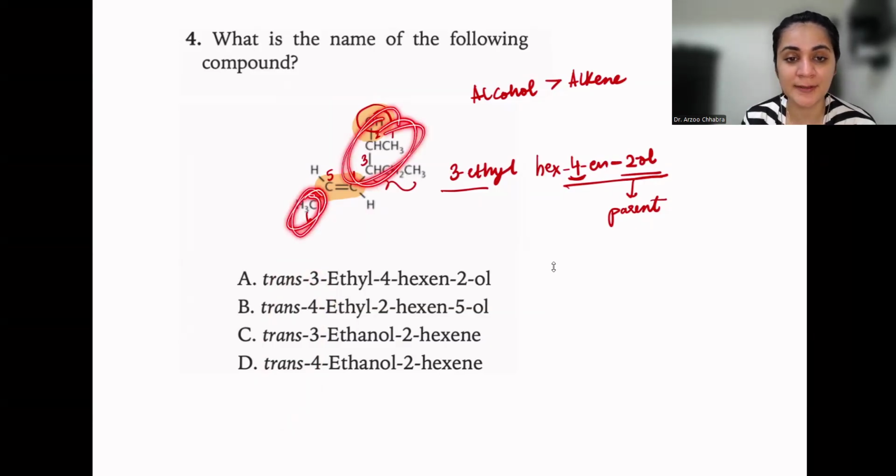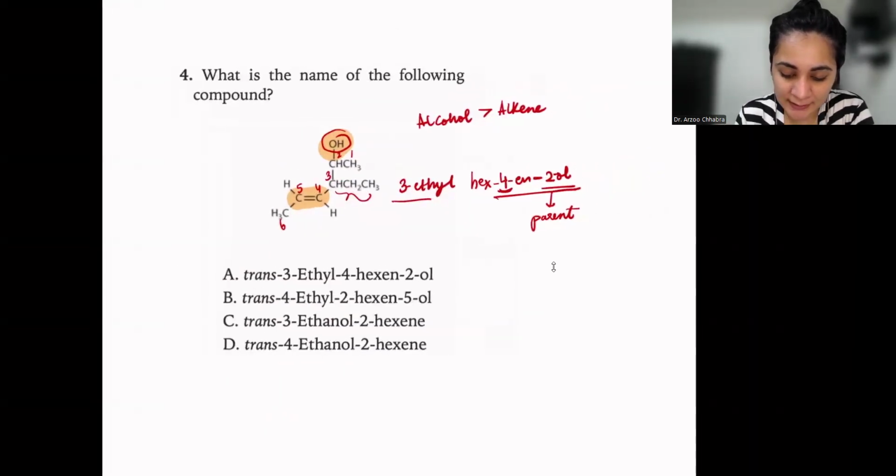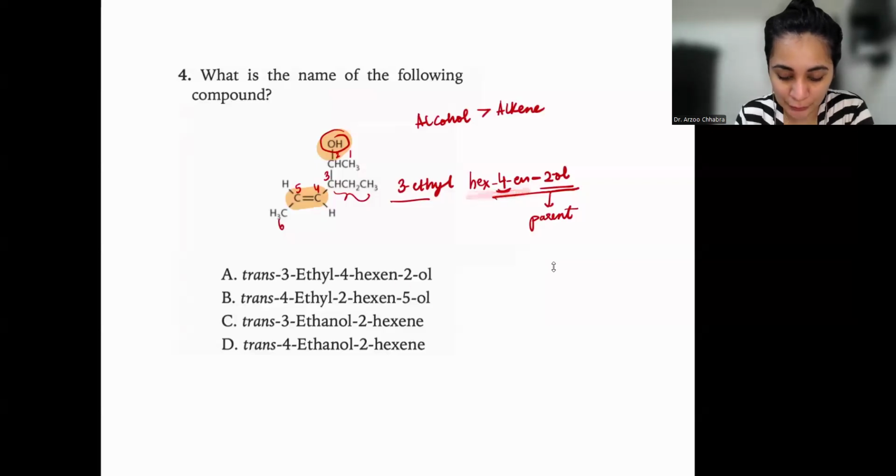That's how we compare these. They are opposite to each other, so I think it should more appropriately be called E, actually not really trans, but because we don't really have a choice, it would actually just be trans-3-ethyl-hex-4-en-2-ol, right?